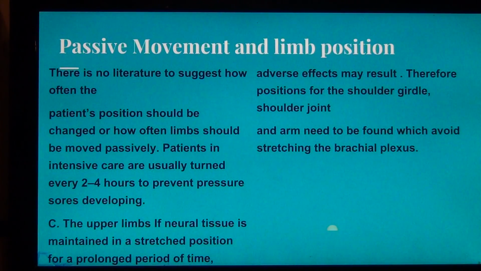For the upper limbs, if neural tissue is maintained in a stretched position for a prolonged period, adverse effects may result. Therefore, positions of the shoulder girdle joint and arms need to be found which avoid stretching the brachial plexus.